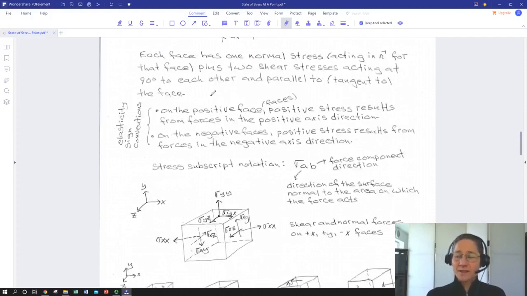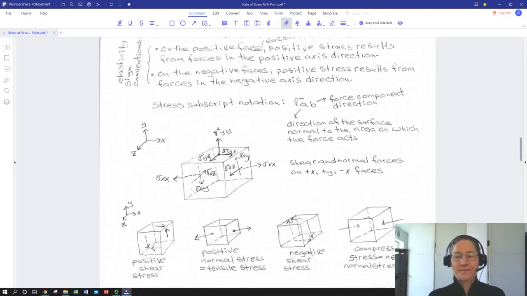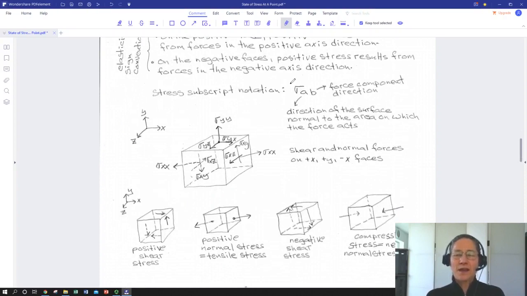So we can define positive stress directions as a force that would be pointed in a positive direction on a positive face or a negative direction on a negative face. And we're going to define a general subscript notation for all stresses. We've already talked about the two-part subscript notation with respect to shear, as the first subscript being the face and the second being the direction, but we're going to do that for everything now, including normals.